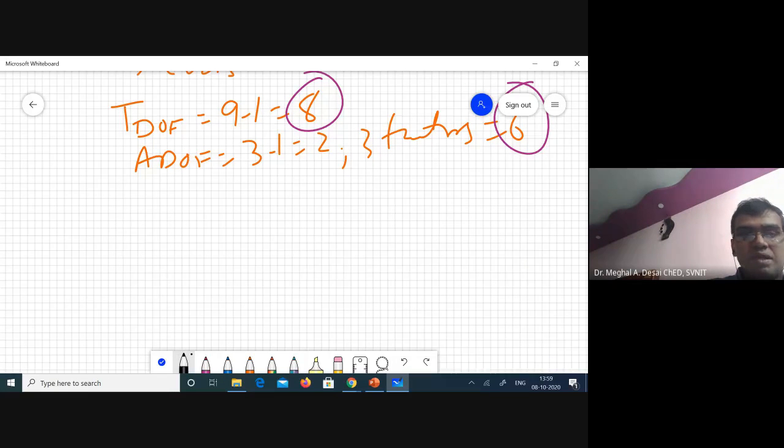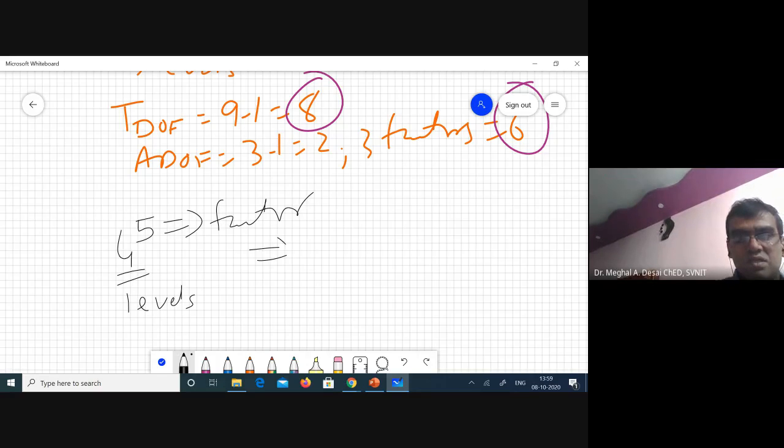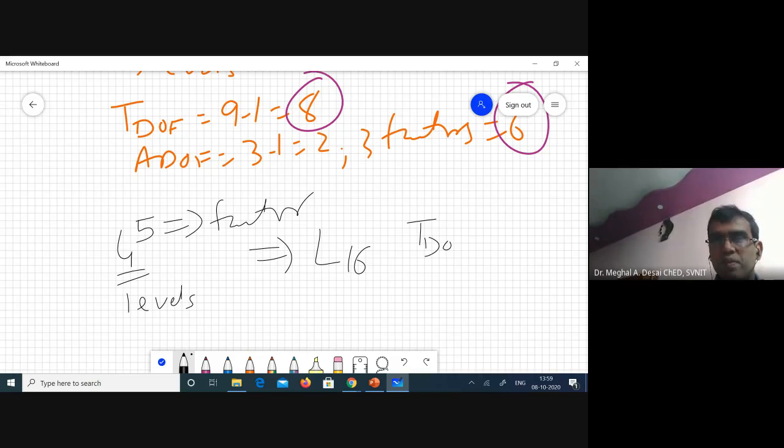Similarly, the 4 to the power 5 design, where 4 levels and 5 factors are there. In this case, you will have the L16 array. So the total degree of freedom is 16 minus 1, that is 15. If I find the individual degree of freedom, 4 levels minus 1, so 3.